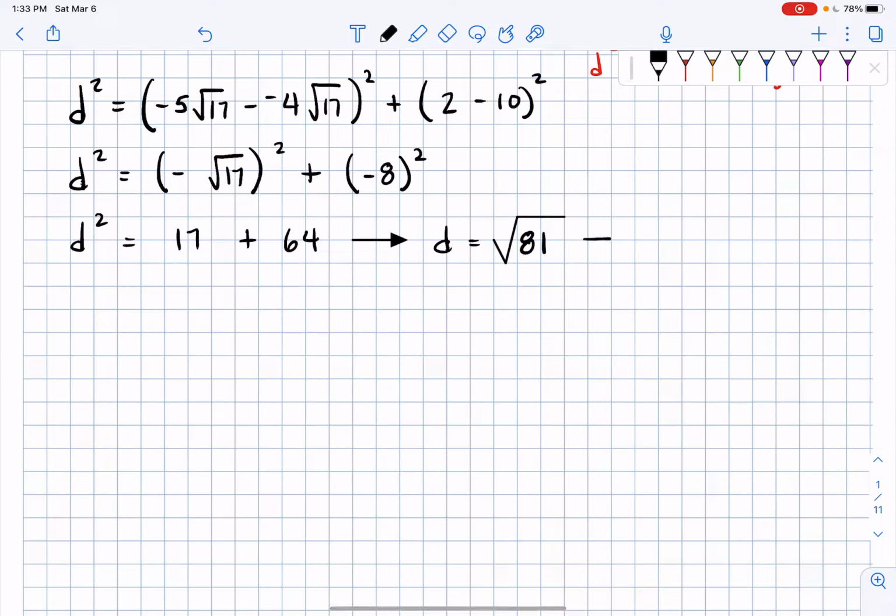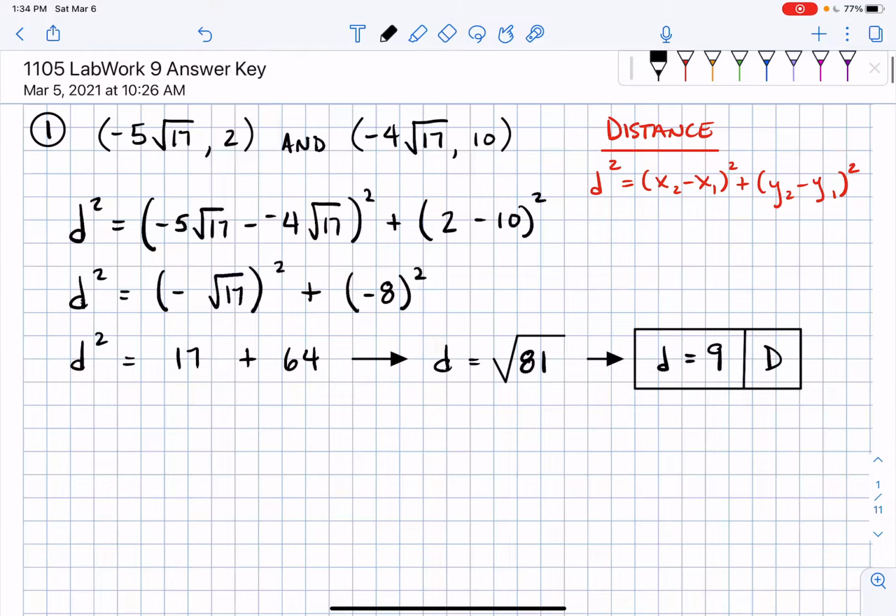So therefore, my distance is equal to 9. All right. And that is going to be choice D. Write that 9 there. There we go. And there we go. That's number 1.